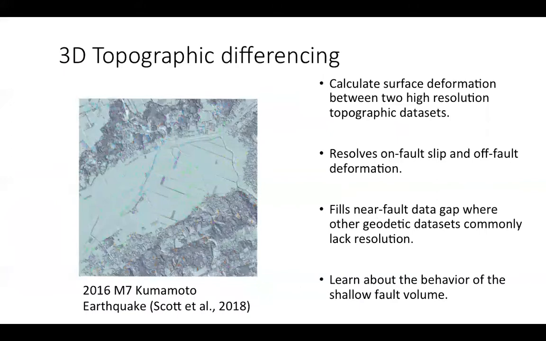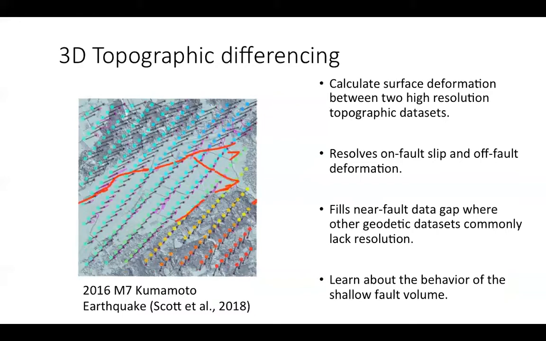So what is 3D topographic differencing? Well, the idea is that we can calculate surface deformation using two different high-resolution topography data sets that span an earthquake. And this is a really neat technique because it allows us to resolve on-fault slip as well as off-fault deformation. Here's some examples.